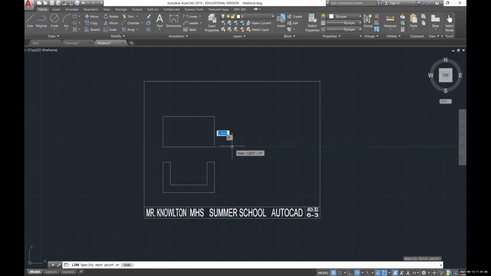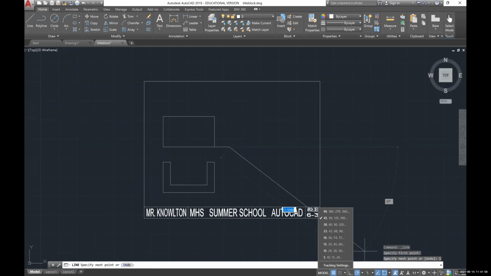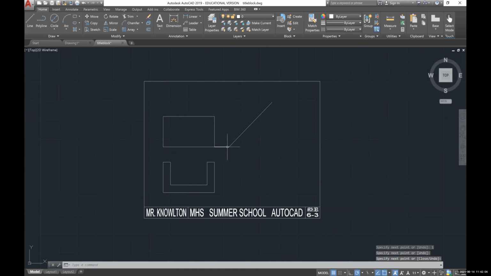If you don't have a 45 degree, just go to your polar tracking, turn on 45 degree. And you have to make sure that the line extends up higher than the top. So now let's project some lines for our right side view, across the 45 degree projection line and down.